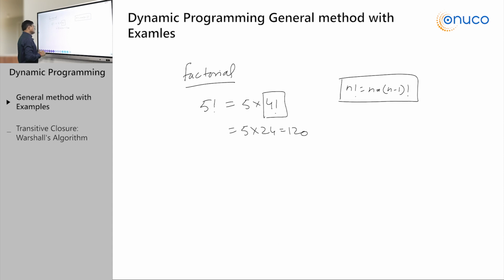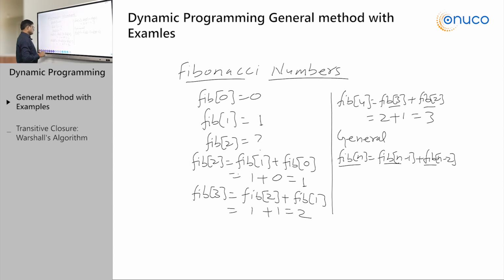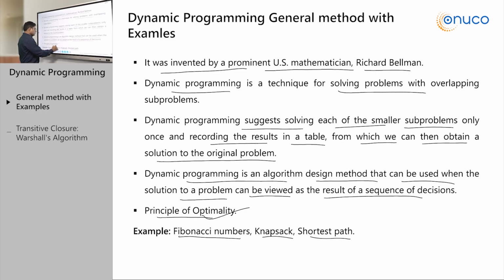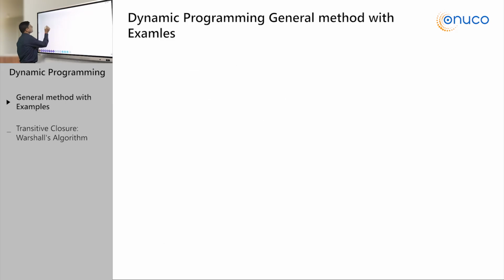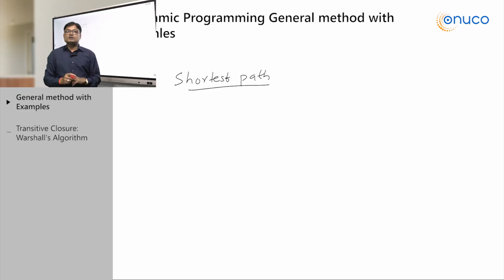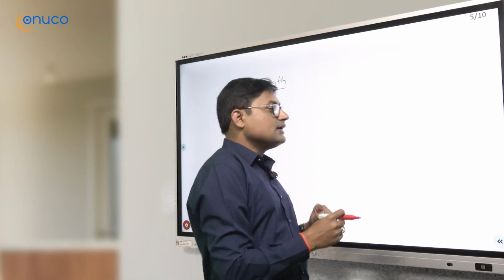So let us see that. The previous example was the Fibonacci number, second is knapsack and shortest path. Now, why are we discussing these shortest path examples again in dynamic programming?